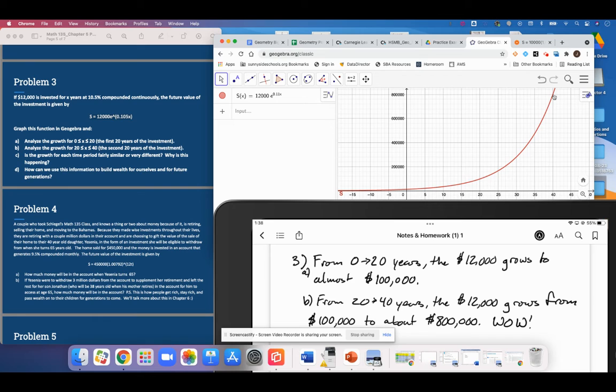Wow. So the thing here, everyone, is that we gained like $700,000 in the second 20 years.